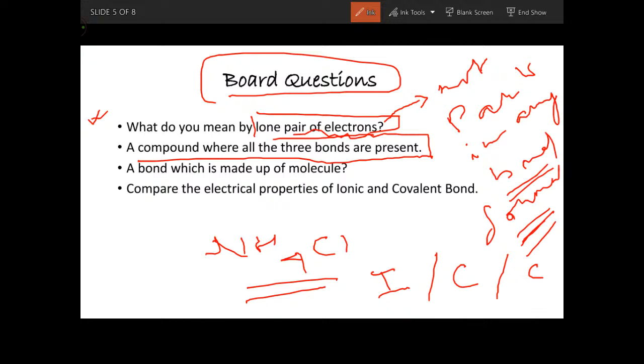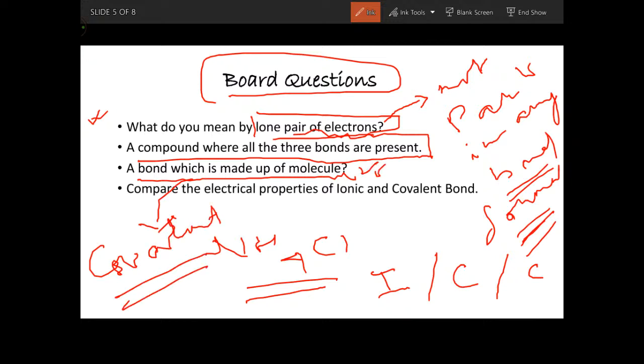Okay, number 3 question. A bond which is made up of molecules. If this question comes, which is very important, a bond which is made up of molecules, then you will always write the answer as covalent bond. So covalent bond means that bond which is made up of molecules.